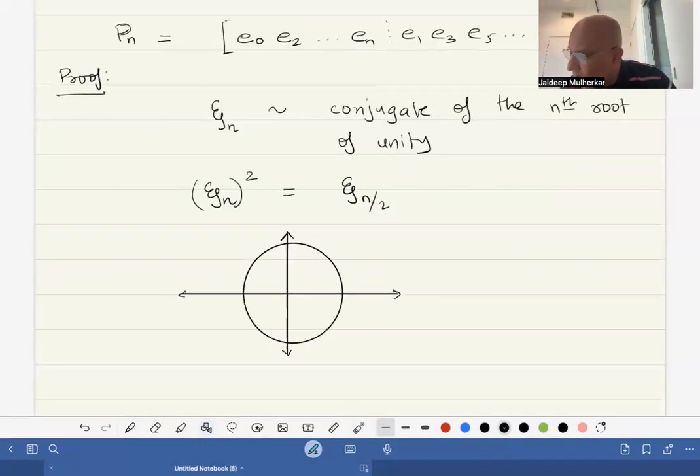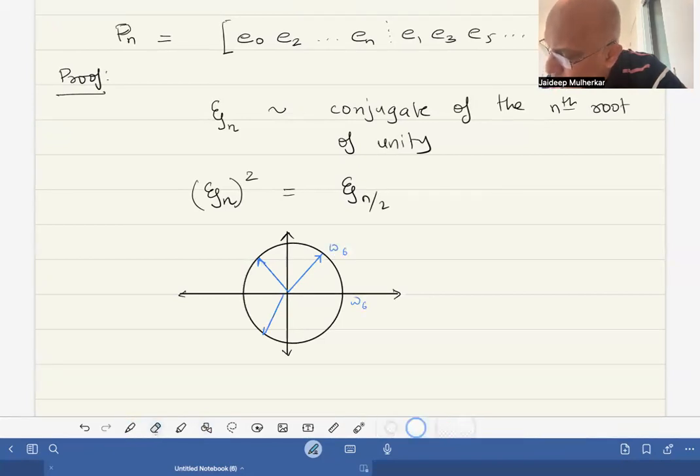Okay, so if I have, let's say, the 6th roots of unity, I'm drawing the 6th roots of unity. So this is omega 6, this is 1, and omega 6 square.